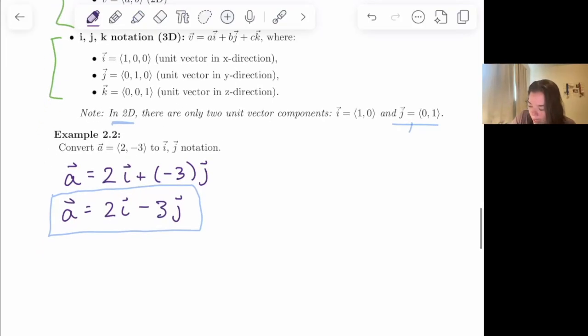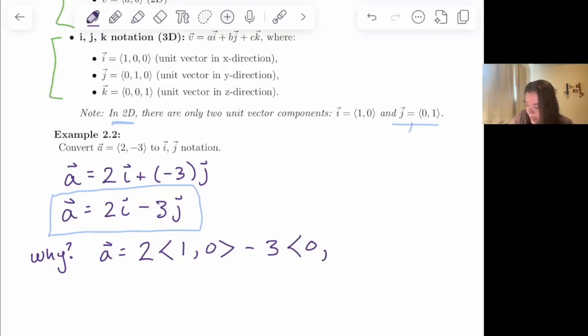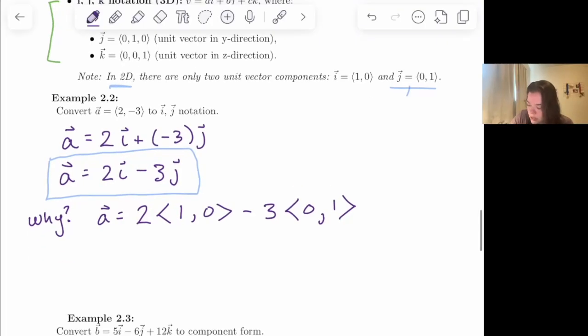Let's just increase that understanding. Let's look at what this is saying. Vector A, if we write it in this IJ notation, is 2 times vector i, which is defined to be the following, minus 3 times vector j, which is defined to be the following. And then let's do some multiplication here. We'll actually look at this in one of the next sections, but one thing you're allowed to do is multiply a vector by a scalar.